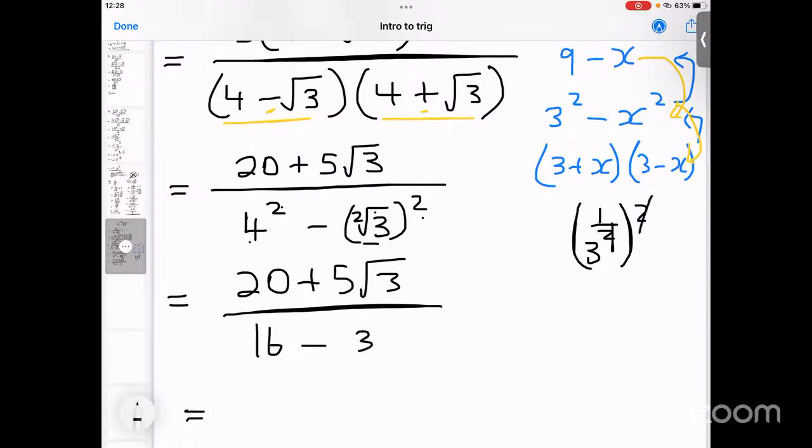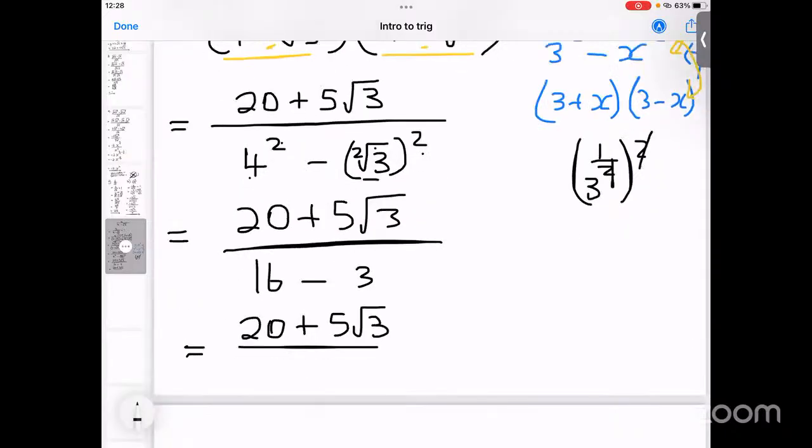And then you will therefore end up having that and that, whereby we do, what is that minus that? Is it 13? Yes, it should be 13. And that is the end of it.